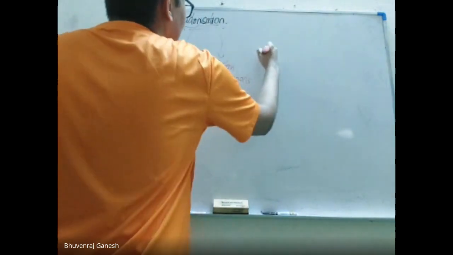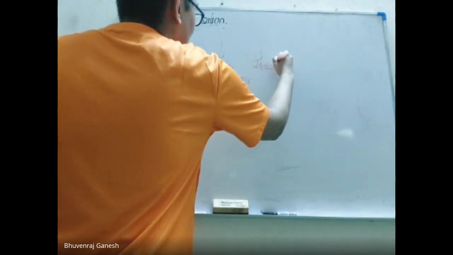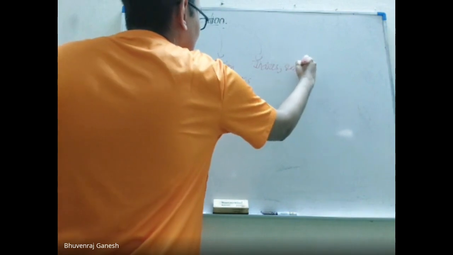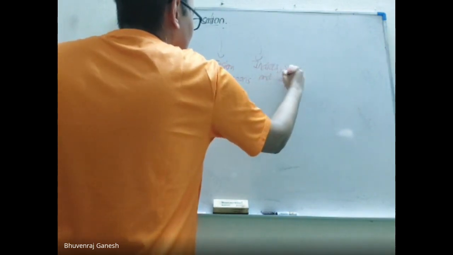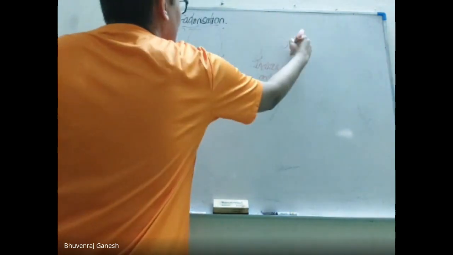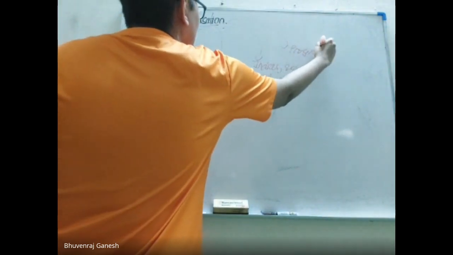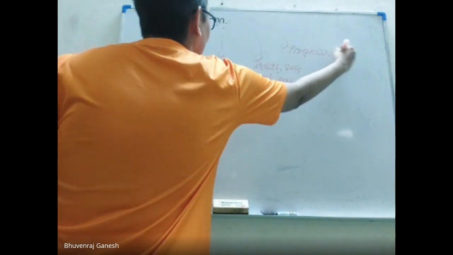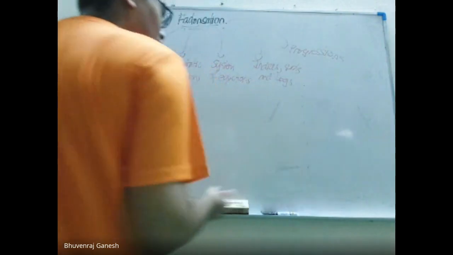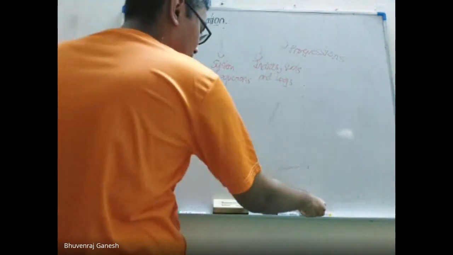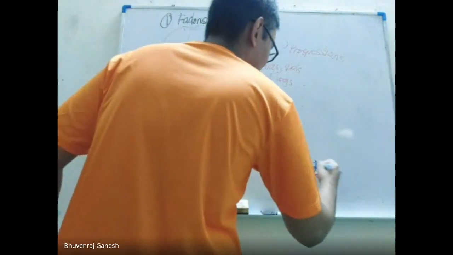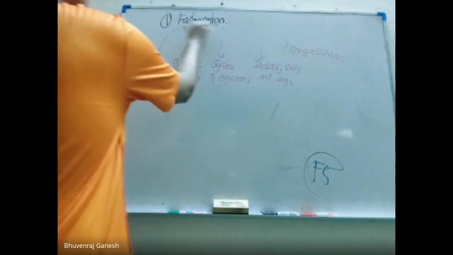You can use it in indices, surds, and logs. You can use it in progressions. And it goes on up till form 5. So you can see why this knowledge of factorization that you learn in your modern maths is so important.